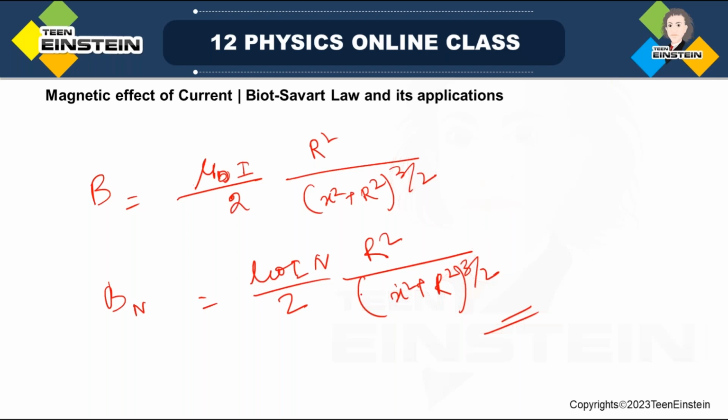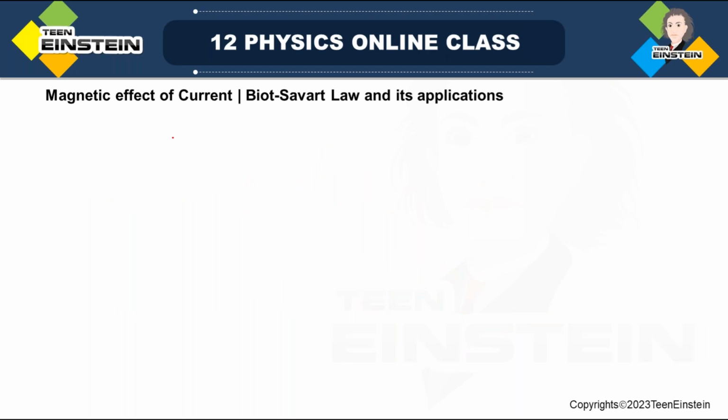Suppose I have a current carrying loop of radius r, and I have to calculate the magnetic field at any axial point, which is at x distance away, say this one.